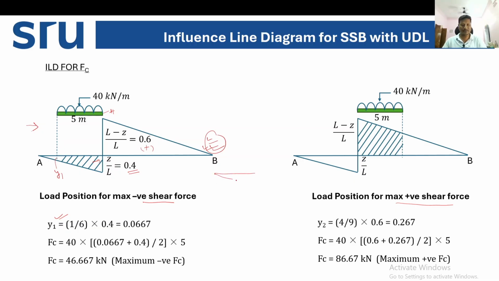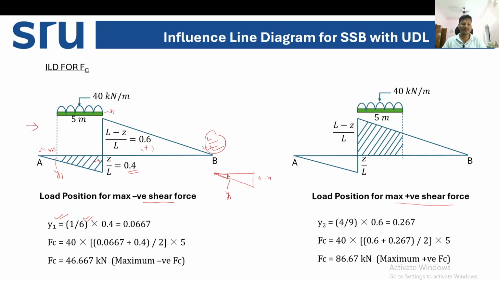Let's say here is the bigger triangle, which is 0.4. Another triangle is here, the small triangle, and let's say this is y1. We can compare these triangles and write the equation. This is 1 meter from the left hand, and the total length is 6 meter.